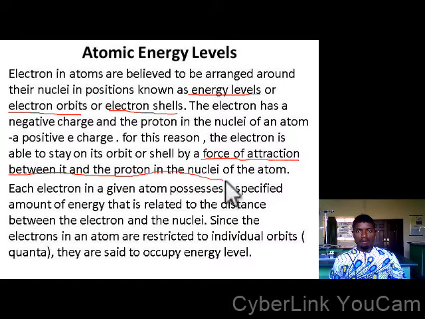Very, very important. Each electron in a given atom possesses a specific amount of energy that is related to the distance between the electron and the nuclei. Since the electrons in an atom are restricted to individual orbits or quanta, they are said to occupy energy levels.